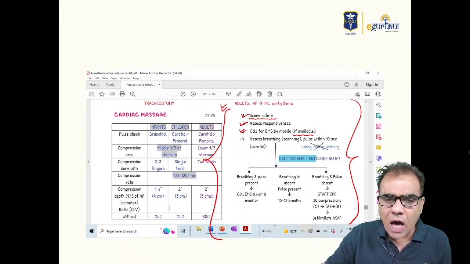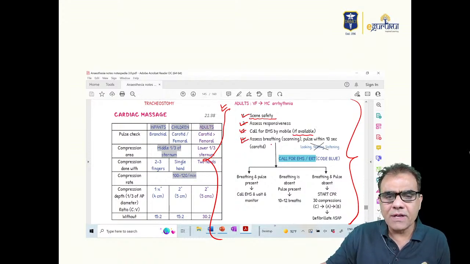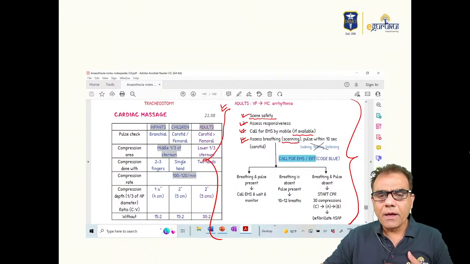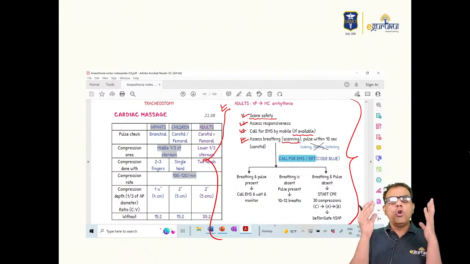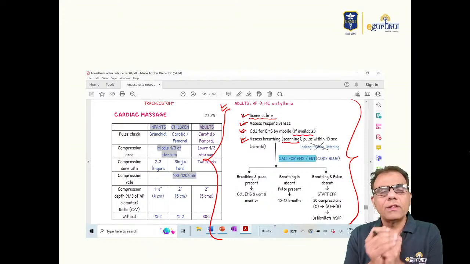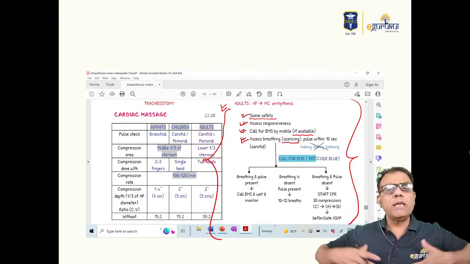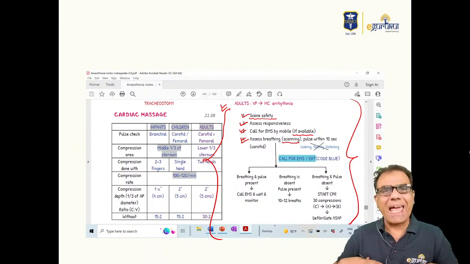Else, after assessing responsiveness, assess breathing and pulse simultaneously, and breathing just by scanning. Previously, we used to look, listen and feel. That is not required. Even a layman can tell whether somebody is breathing or not. So just scan the chest movements.